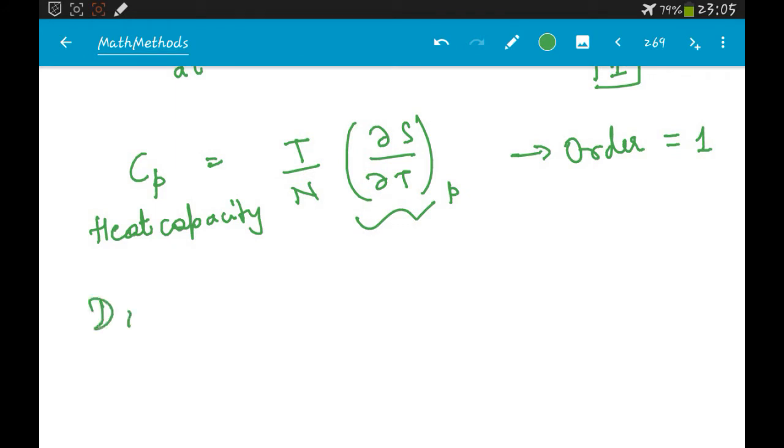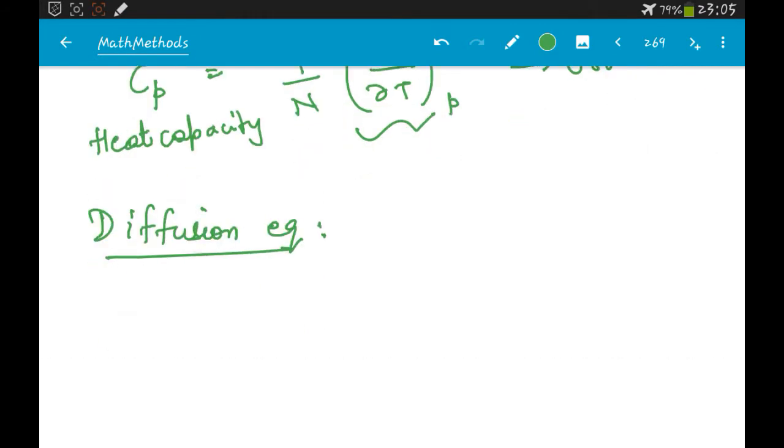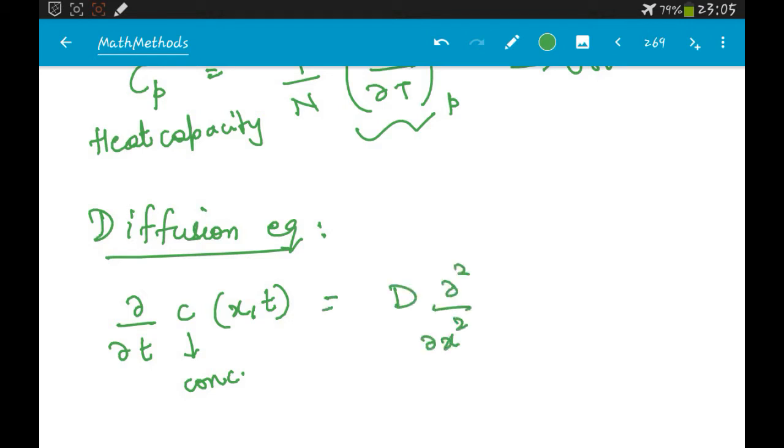Then you have also encountered the diffusion equation. So what is the diffusion equation? It is dou by dou t of C of x comma t, where C is the concentration, right? So concentration as a function of position and time is given by D into dou square by dou x square of C of x comma t. So D is the diffusion coefficient.